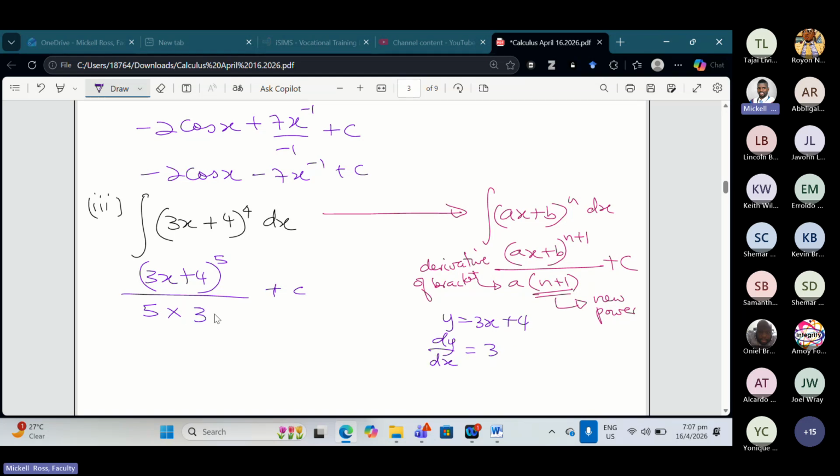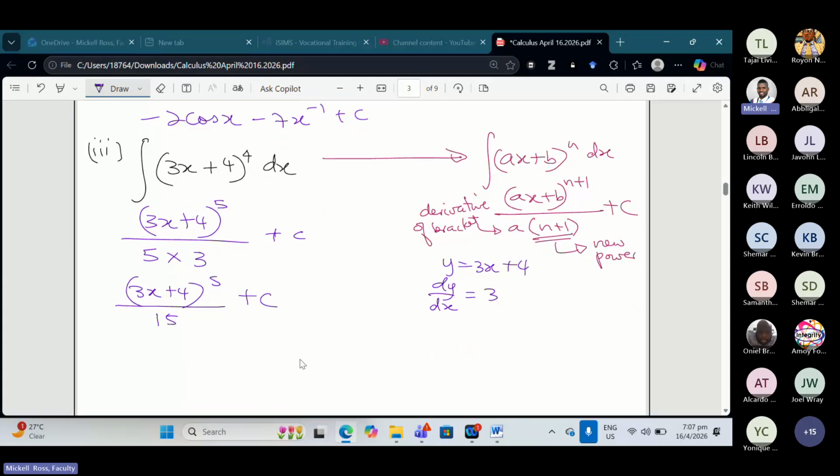So multiplying by 3. All right. So the final answer is going to be 3x plus 4 to the 5th power, all divided by 15 plus c. Look at it, make sure you have an understanding. If not, you're free to ask your questions.